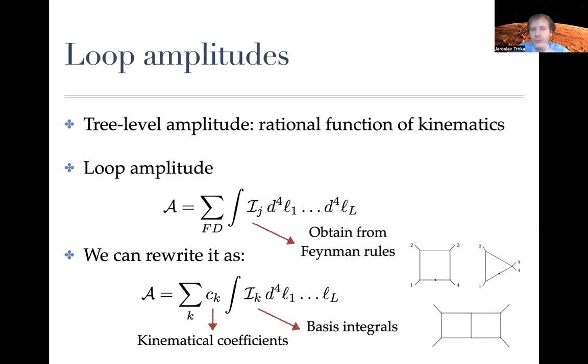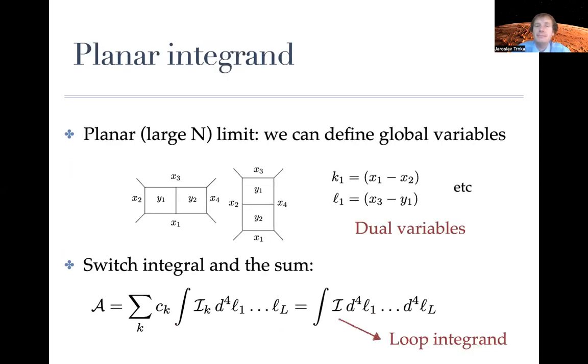Each diagram has its own loop; you have to specify where the L1, L2, and so on are. Therefore, there is no meaning of going from one L1 in one diagram to the other L in the other diagram. But in the planar limit, there exist variables which you can globally define on all diagrams. They are called dual variables, and they are associated not with the edges of the diagram where the loop momentum is flowing, but with the faces of the diagram.